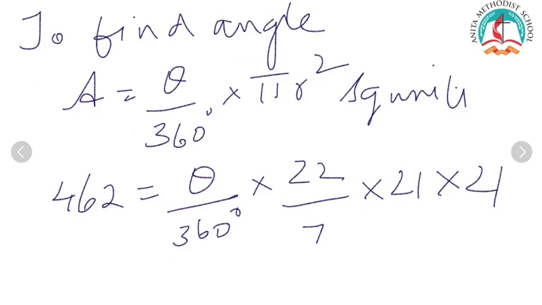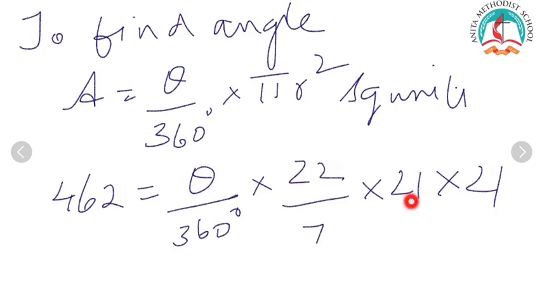So for the angle, the formula: area is equal to theta by 360 degree into pi r square units. Children, we know the value of A, that is the area 462. We don't know theta. Here we are going to find out theta. So theta by 360 degree, we know the value pi 22 by 7, and the radius 21 is given.